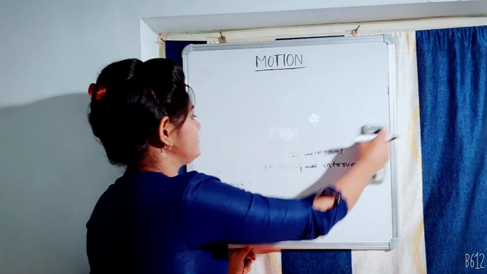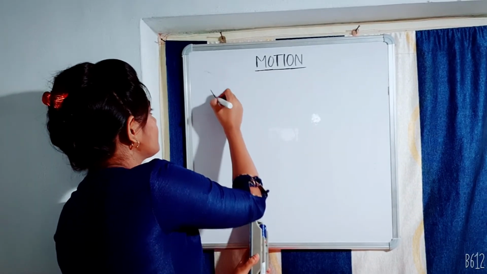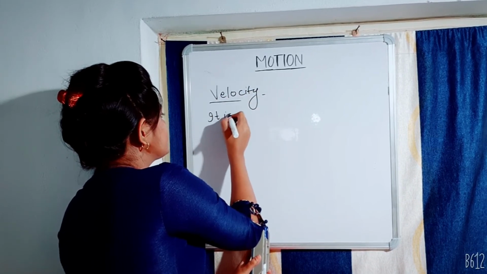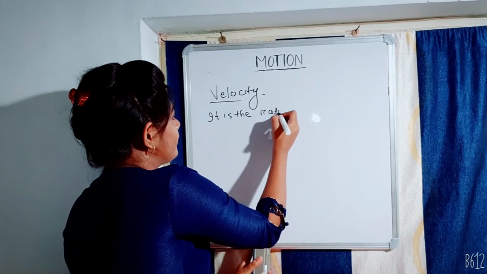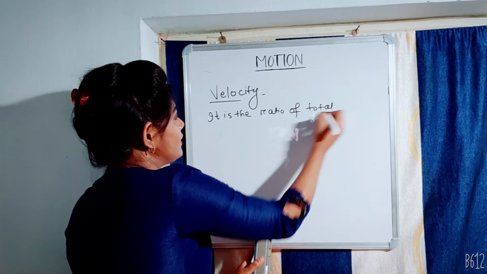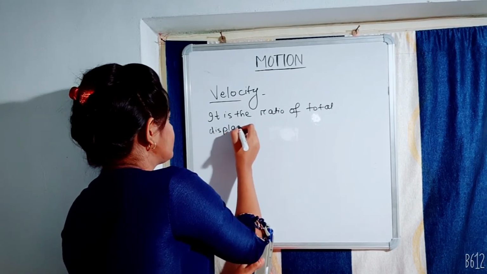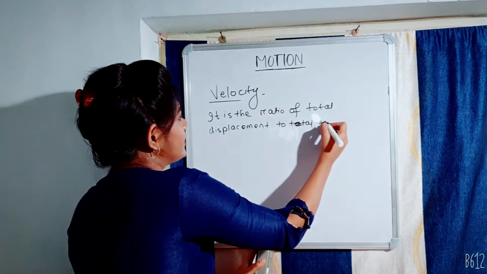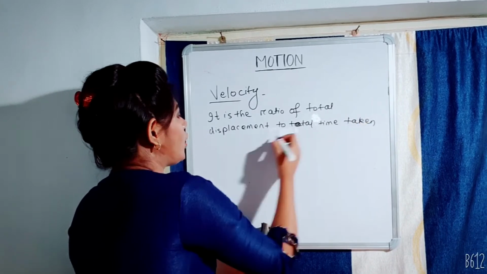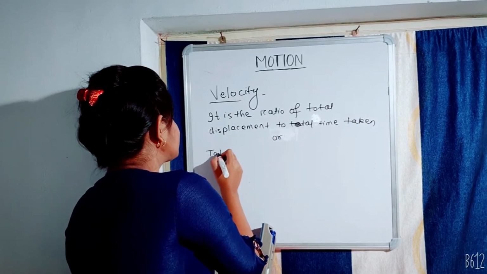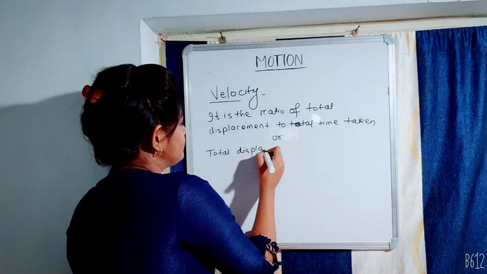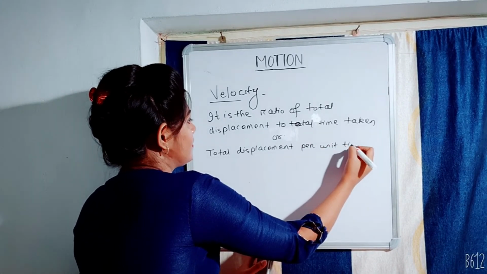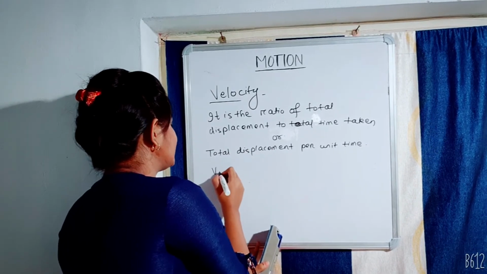So velocity is the ratio of total displacement to total time taken, or total displacement per unit time.